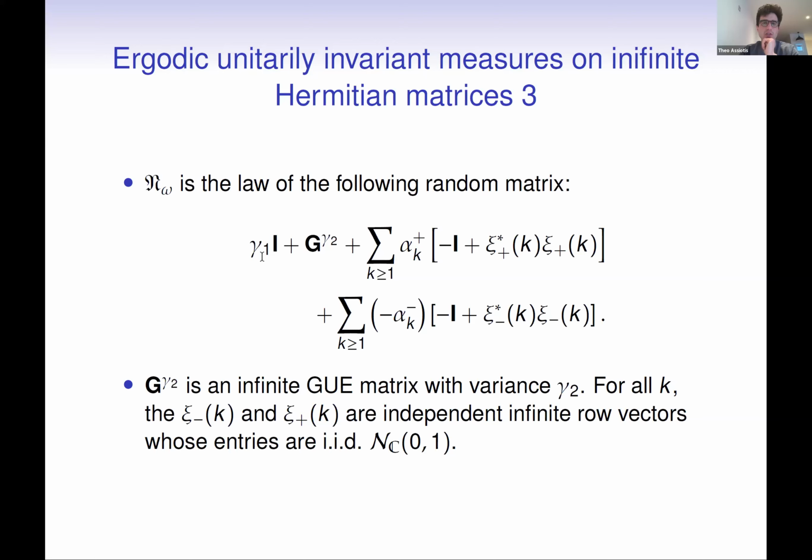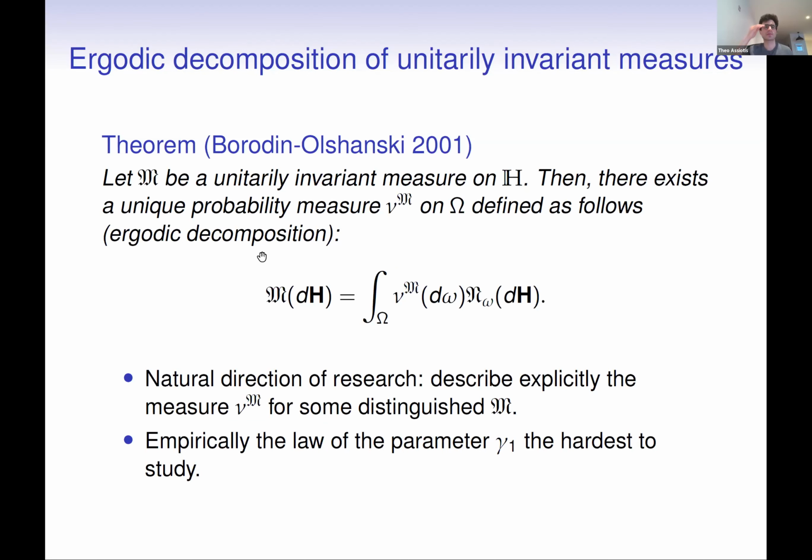Okay. Once you have this classification, then Borodin and Olshanski proved the following: if you take any probability measure on H which is invariant, but it doesn't have to be an ergodic measure, an extremal measure, just any measure which is invariant under that action on H, then there exists a unique probability measure on omega which explains how this measure decomposes into ergodic components and ergodic measures.